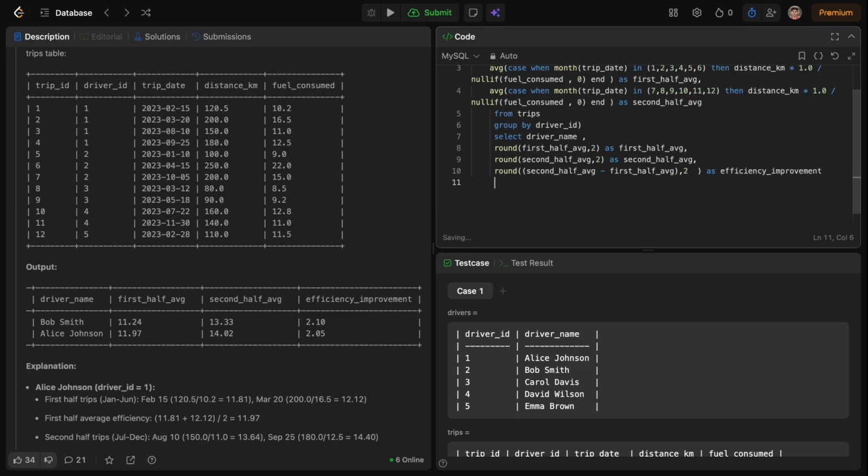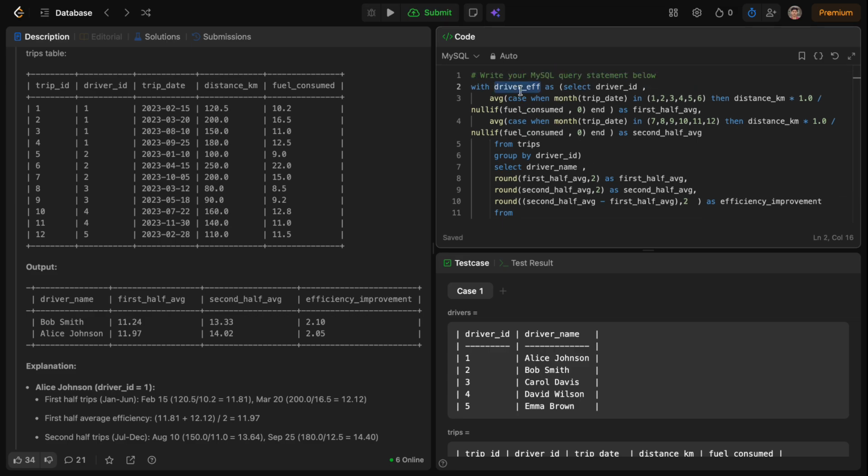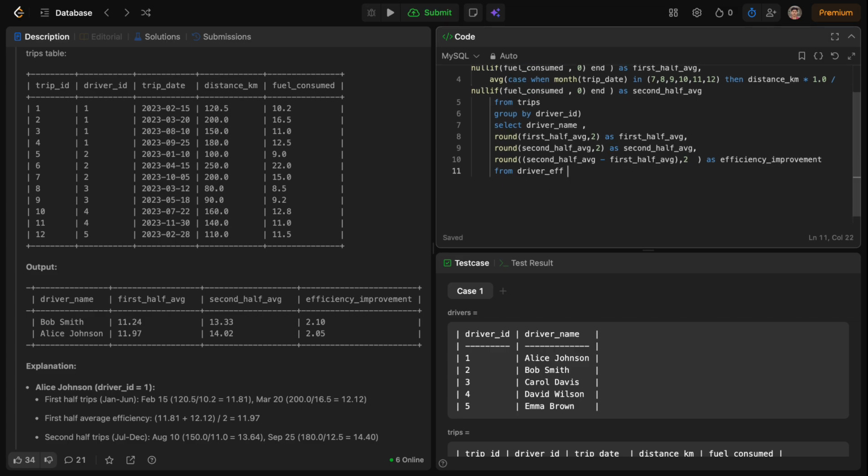Perfect. From which table? From the driver efficiency table. I am making the alias DE, so I have to use DE dot, same here, because we have to join this table with the drivers table, making the alias D.